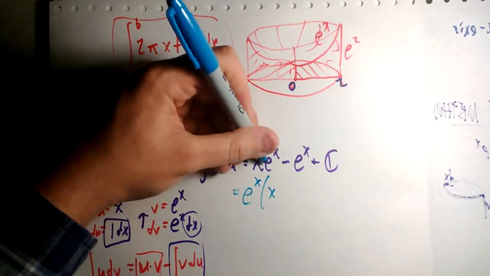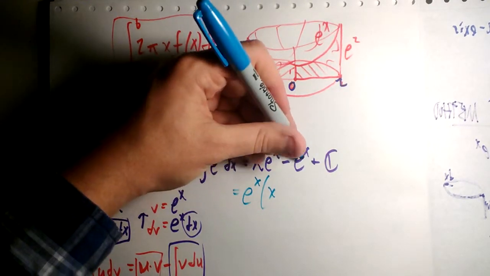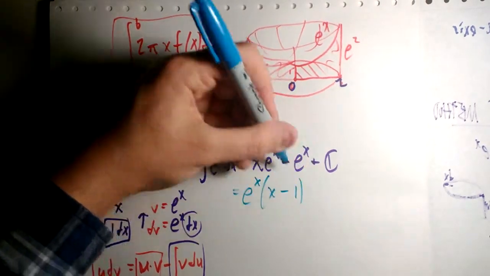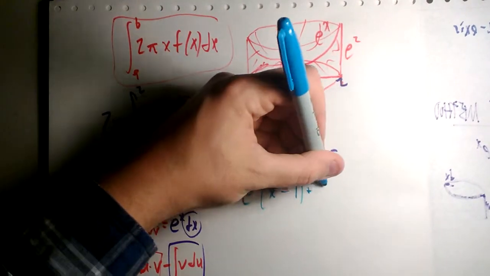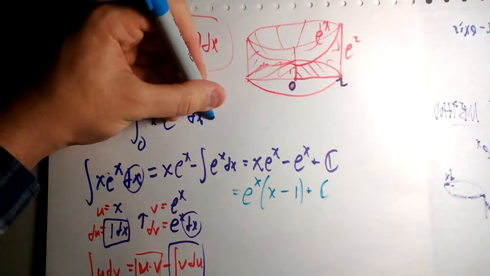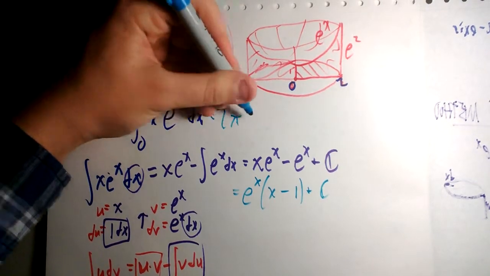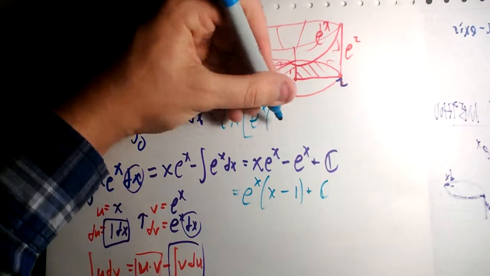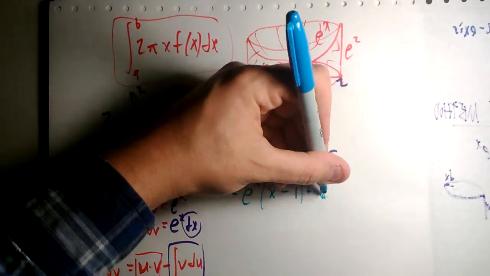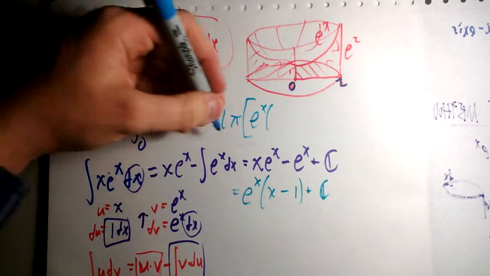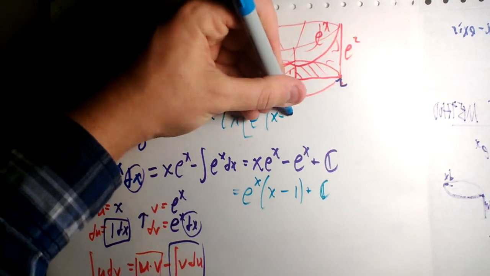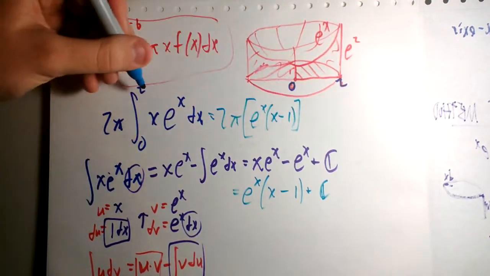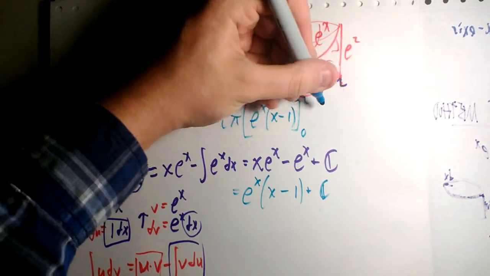That's x times e to the x, and negative 1 times e to the x, and then we still have that plus c. So let's plug that in now. We have 2 pi, and we know the antiderivative is e to the x times x minus 1. We get rid of the plus c because it will cancel out if we subtract. And we plug in 0 and 2.